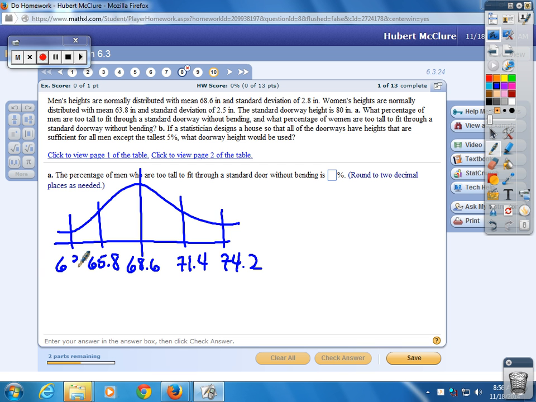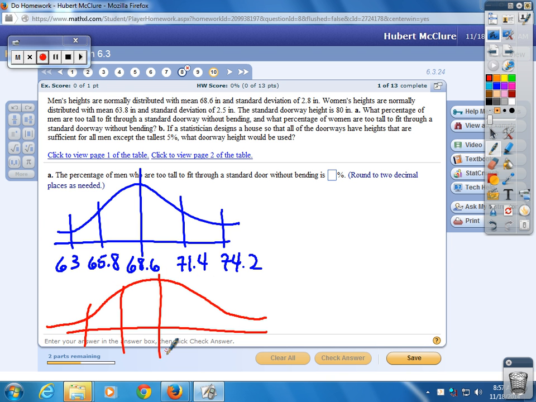And 63. And now I'm going to take the red marker and do the women. What are they? 63.8. What's the 2 to the right? 66.3.